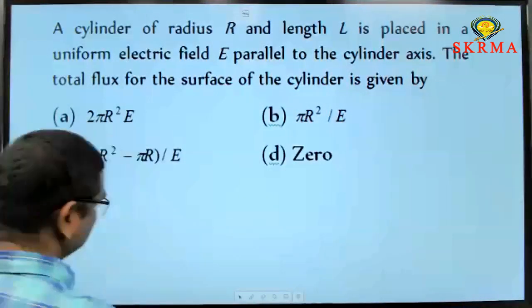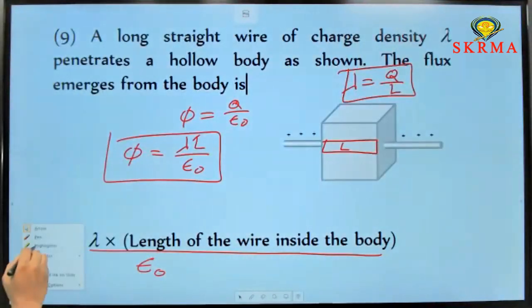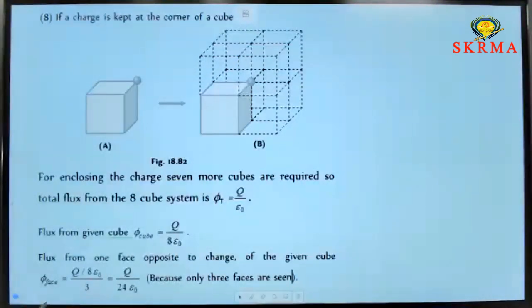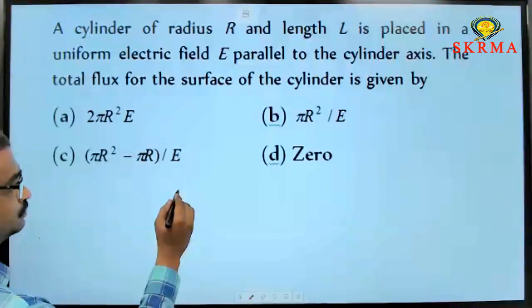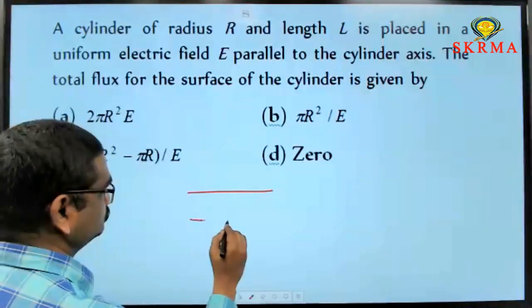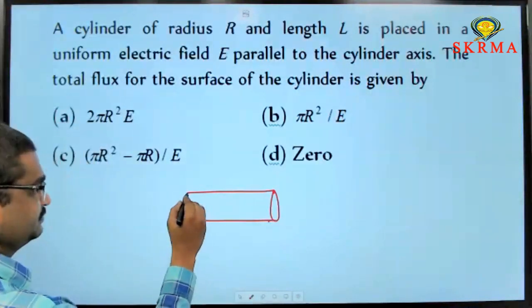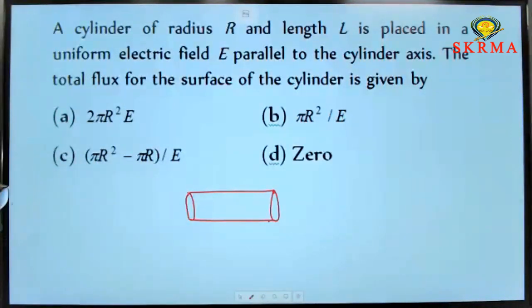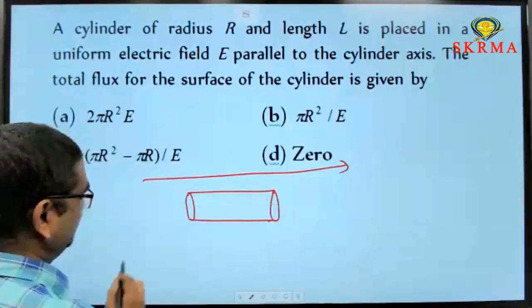So here, how is the diagram? So assume that this is a cylinder. So assume that this one is the cylindrical surface. Now, this is placed in a uniform electric field.